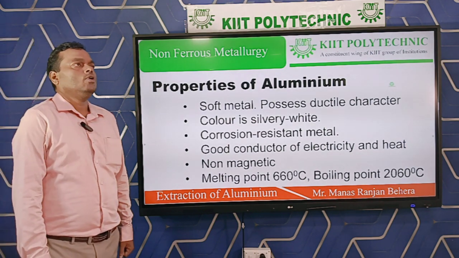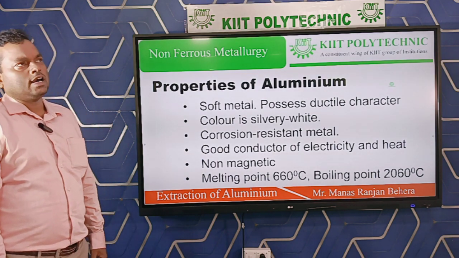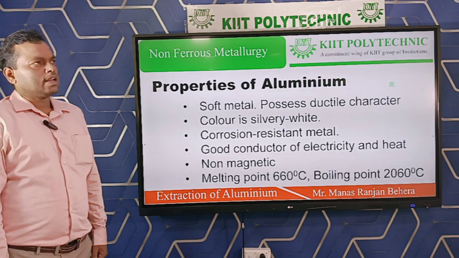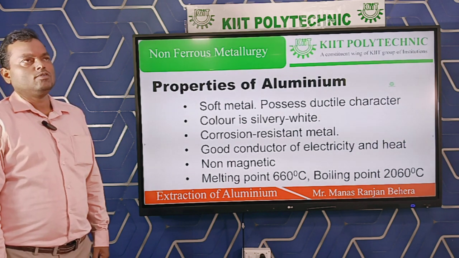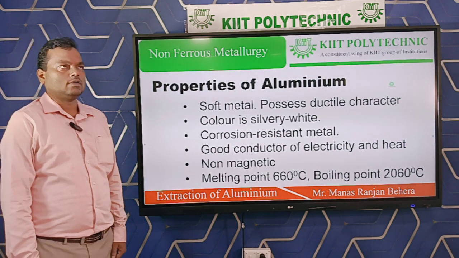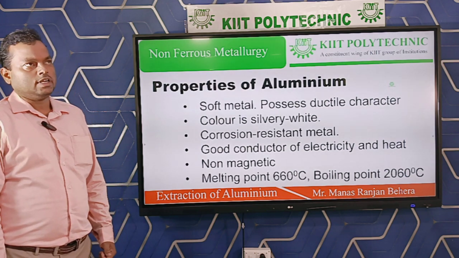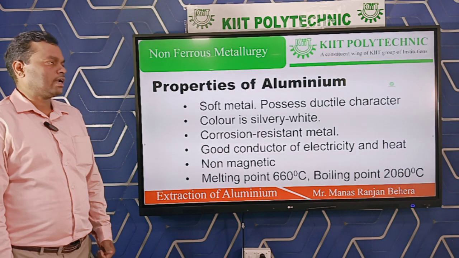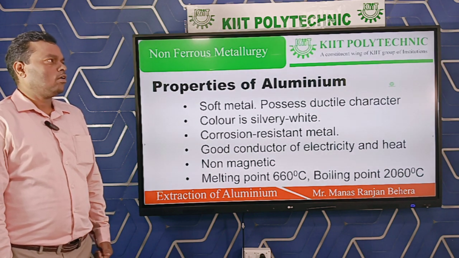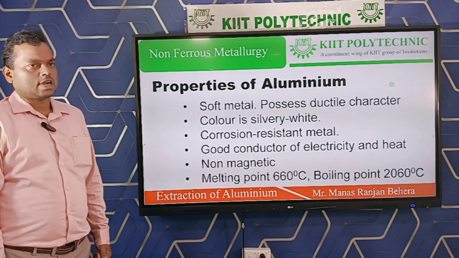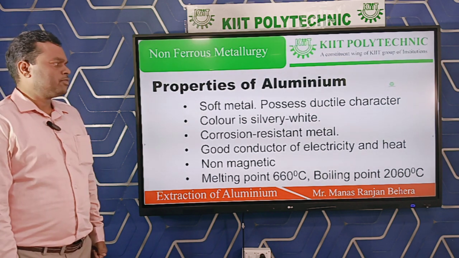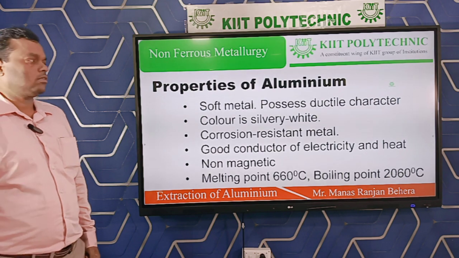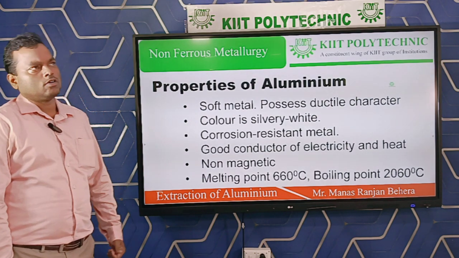Next we will go to what are the different areas where we can get these aluminium ore reserves. In general, aluminium ore reserves are found in various countries of the world. They are first India, then Russia, United States of America, France, Guyana. All these important countries possess aluminium ore reserves. Out of these, India has a high percentage of bauxite ore. So where will we get bauxite ore in India?